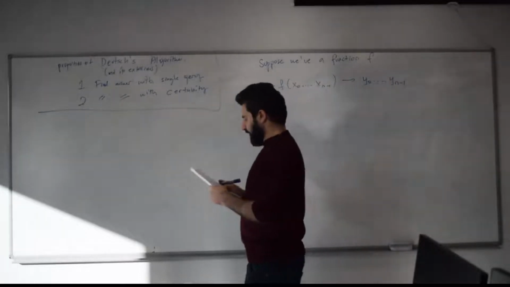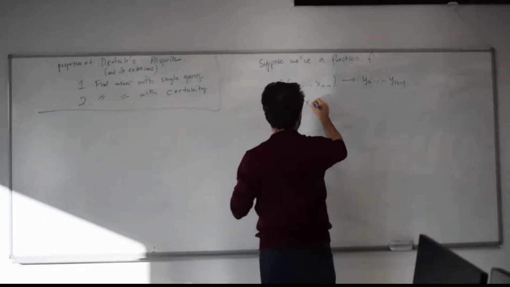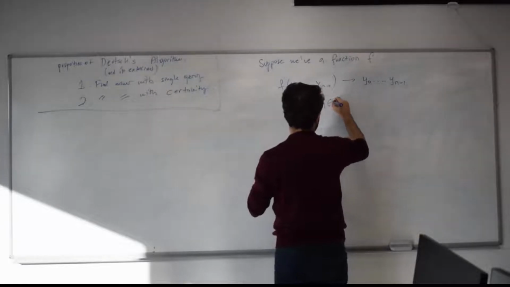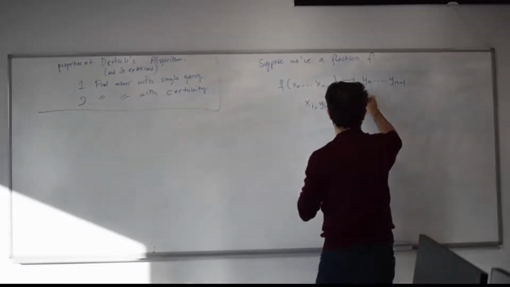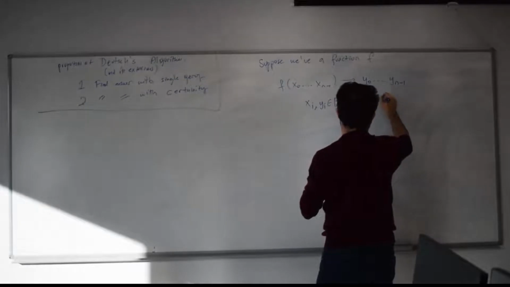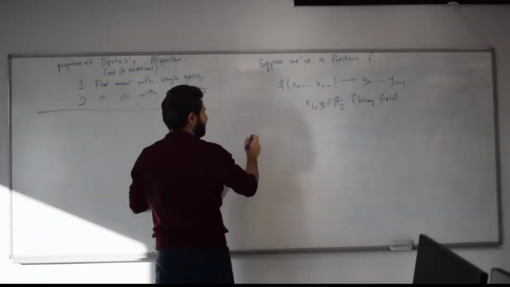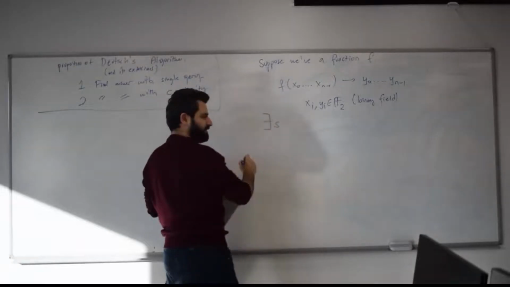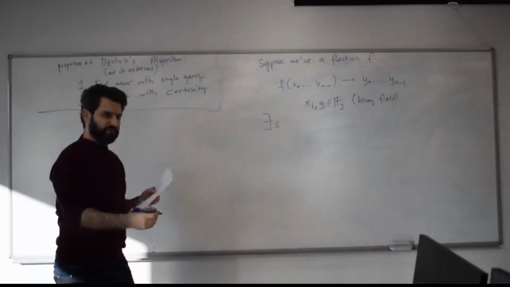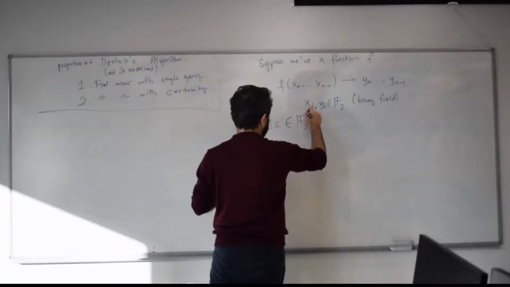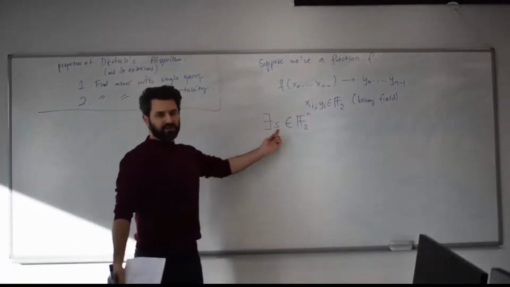And all xi, yi are from the binary domain, these are binary fields. And there exists a sequence S of n bits. Therefore, S is in F2^n, so S is n bits long.